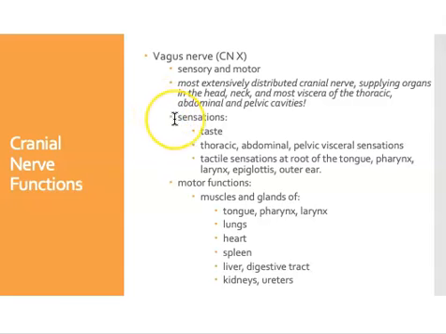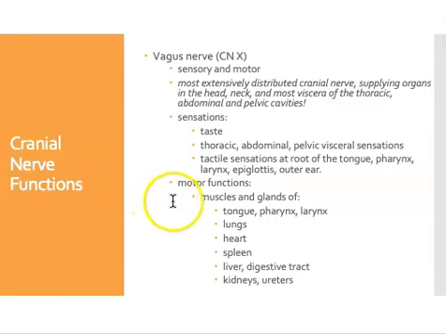It has sensory function in terms of taste, in terms of thoracic, abdominal, and pelvic viscera sensations, and in terms of sensations in the tongue, in the pharynx, in the larynx, in the epiglottis, and in the outer parts of the ear. Just a tremendous array of sensory function.